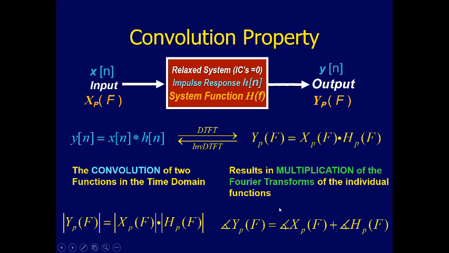Now, if we approach system analysis this way, we can determine the Fourier transform of the output. I'm not done yet. I want that signal back in the time domain. That's where I want my answer. And so there's another step implied that we will use an inverse transform to get back to the time domain.